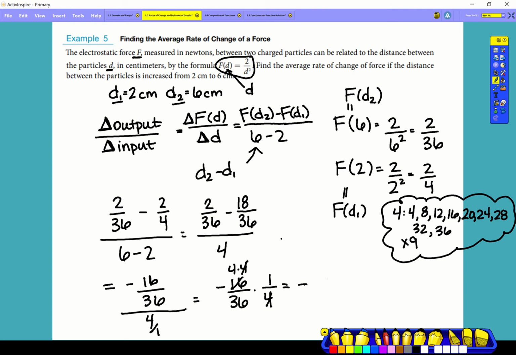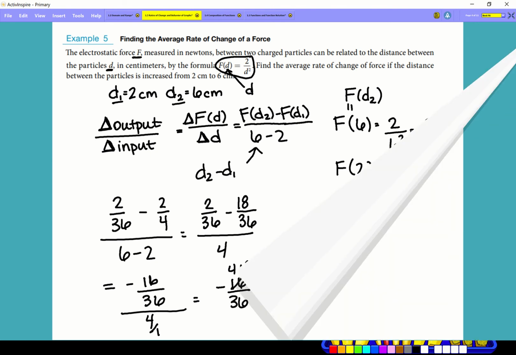So bear with me or fast forward. Perfect. So what that says is the average rate of change of force as the distance changes is negative 1/9.